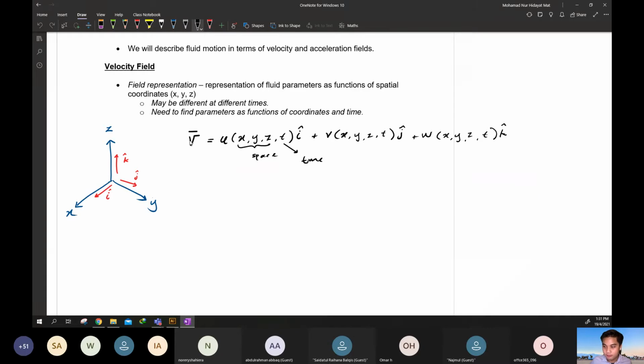If you want to find the magnitude only, it's very simple. It is the square root of u squared plus v squared plus w squared. That's it.